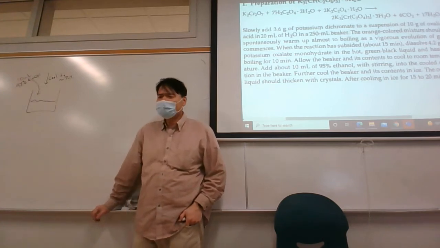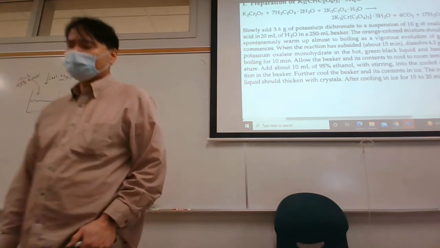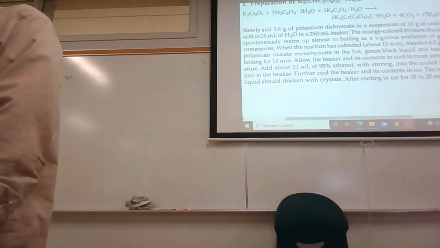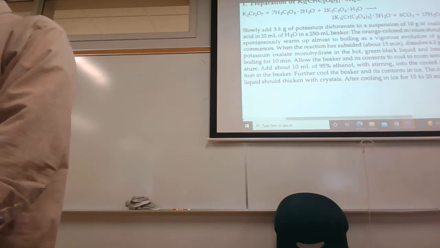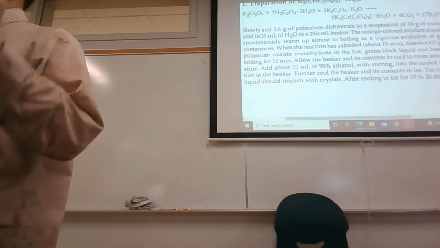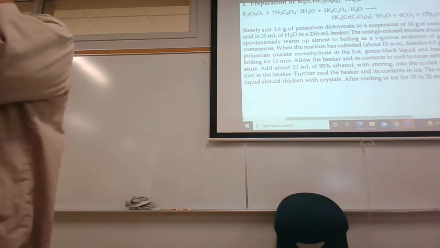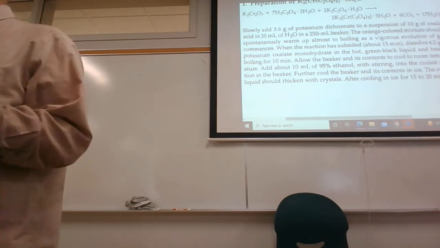Why do we want big crystals? Usually big crystals mean higher purity. If we have lots and lots of tiny crystals, we can get co-precipitation, and impurities can get trapped in those tiny crystals.